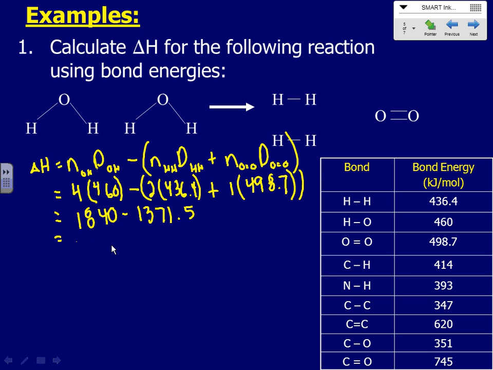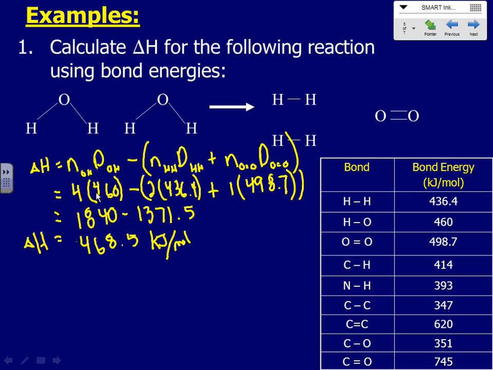That means I'm going to have a positive delta H. And let's just do the calculation here. We're subtracting, and it gets me 468.5 kilojoules per mole. And that is the delta H for this entire reaction as stated, as determined by the bond energies.